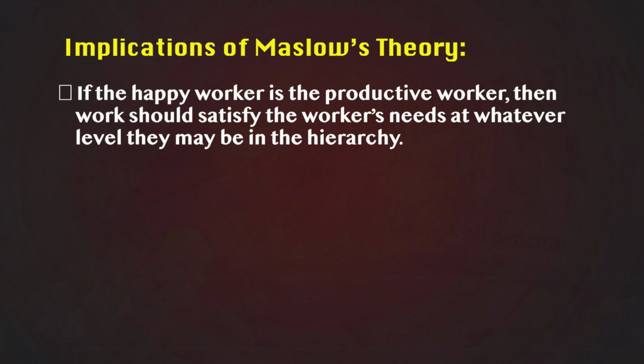If Maslow's theory is accurate, it has enormous implications for administrators who need to motivate large numbers of employees in an organization. Maslow's theory has immediate implications: if happy workers are productive workers, then work should satisfy the workers' needs at whatever level they may be in the hierarchy.